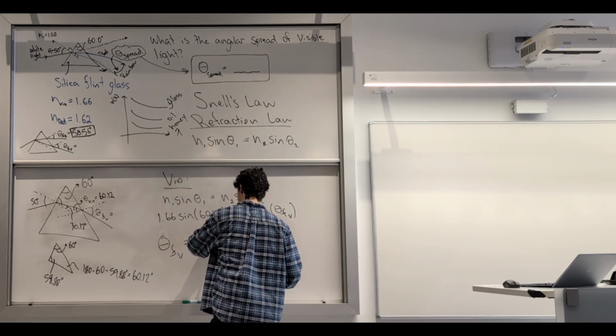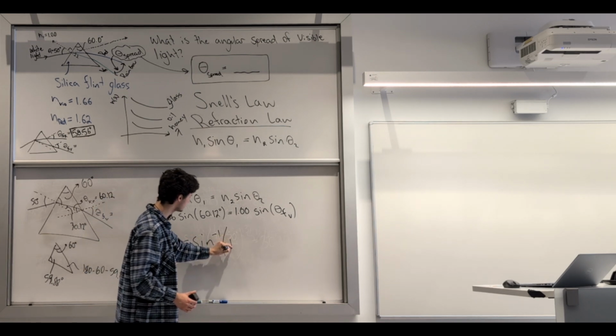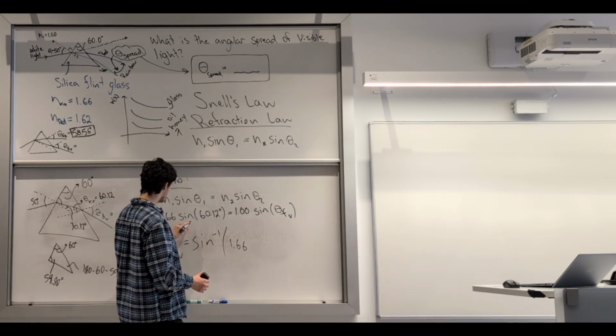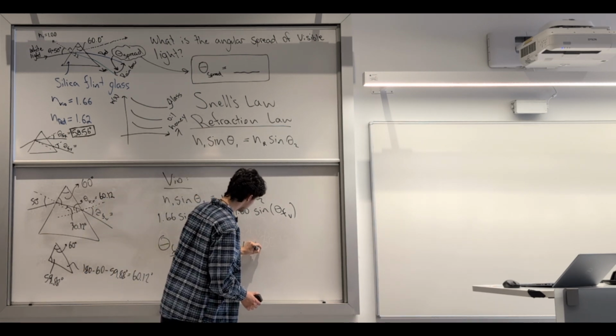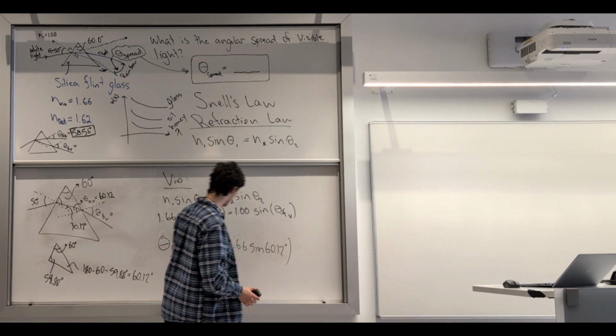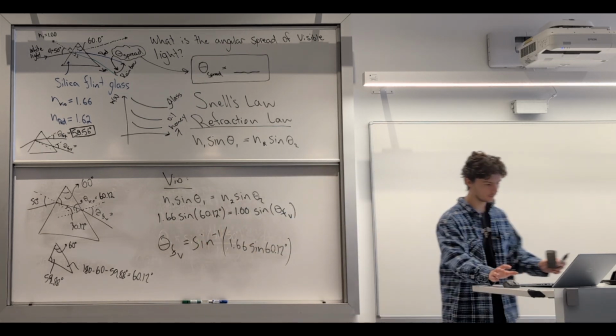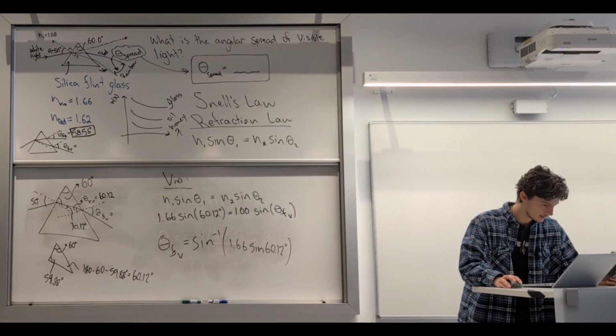We have a sine inverse here. Inside the sine, we have 1.66 sine of 60.12 degrees. And the 1 over there, I will not write. All right, let's take a look if we got something interesting.